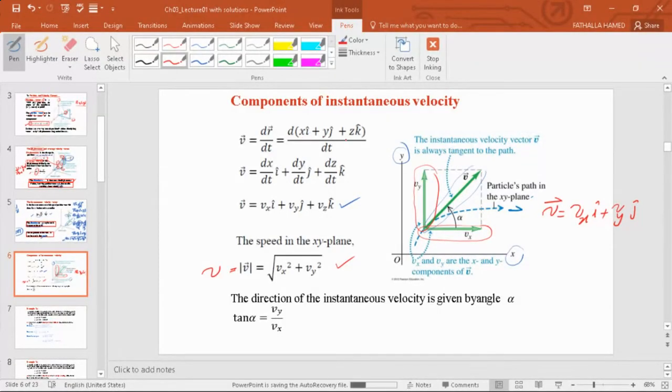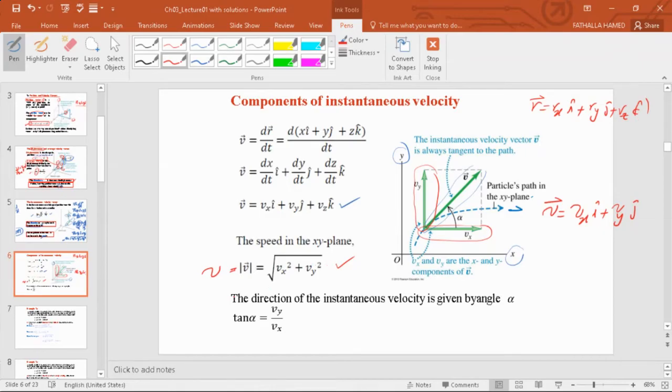That's what we use in this textbook. But we can also write r as rx i hat plus ry j hat plus rz k hat. That's usually the normal way when you write a vector: you use the same symbol and put subscripts x, y, z to indicate that these are the components of the vector. So in this case, we calculate the speed.